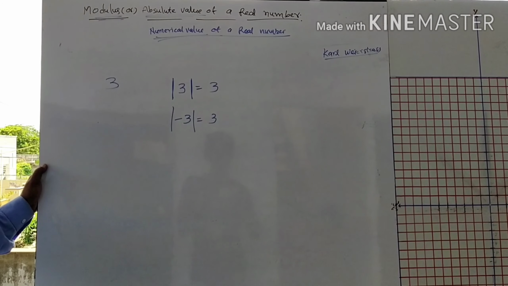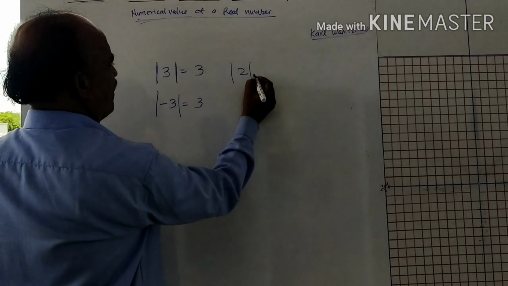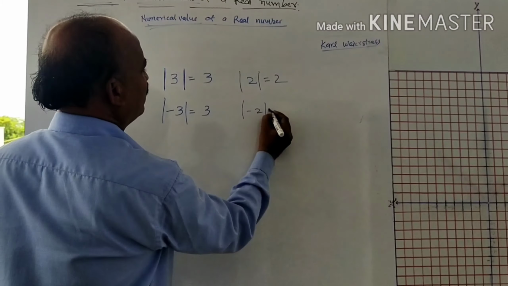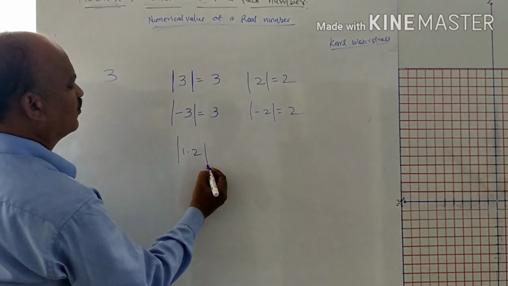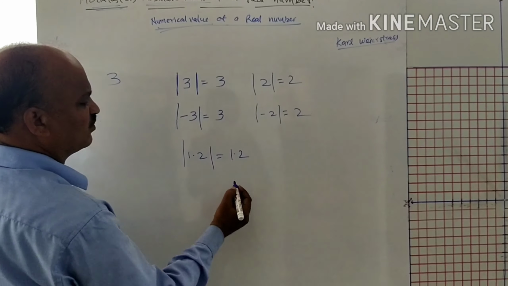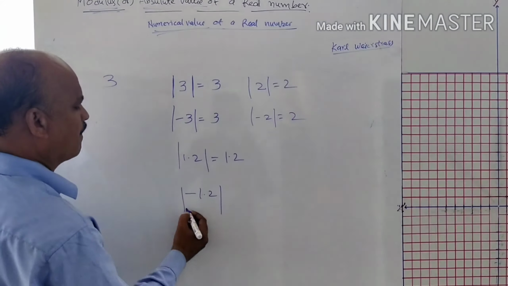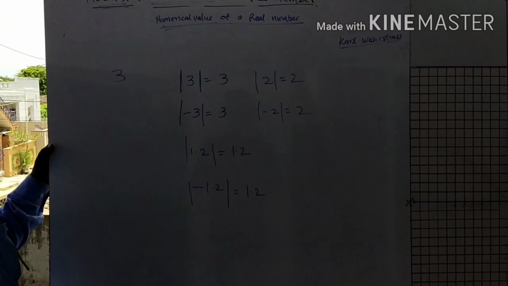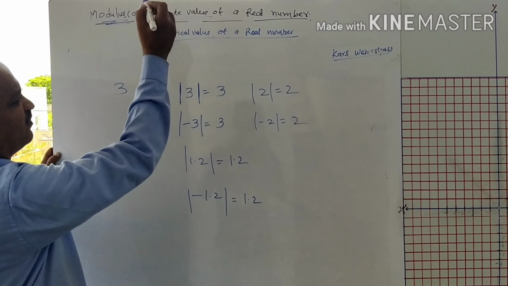Modulus 2 equals 2. Modulus minus 1.2 is also 1.2. Take the positive value only. It is the modulus or absolute value.